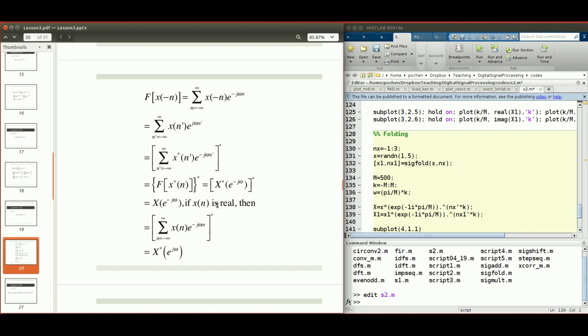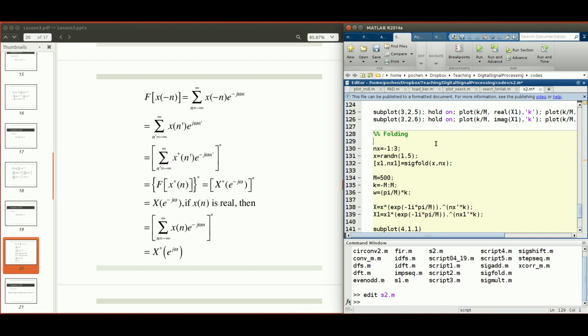So now let's look at the Matlab validation. Now let's try to understand the folding operation. So here I have constructed a time domain signal. It's a real signal. It's a random signal with just 5 numbers. The horizontal axis goes from -1 to 3, and the x is just a normalized Gaussian random signal with 5 sticks.